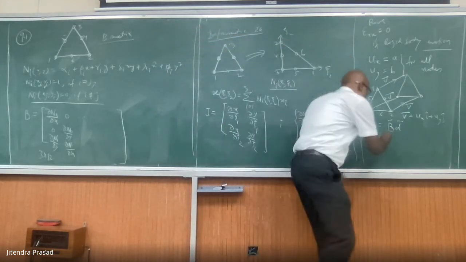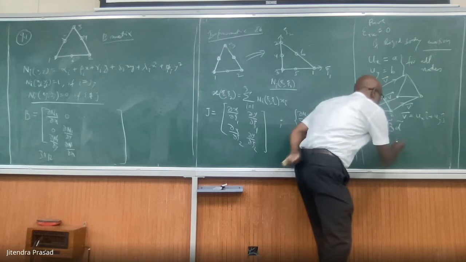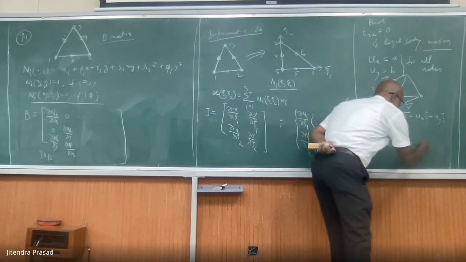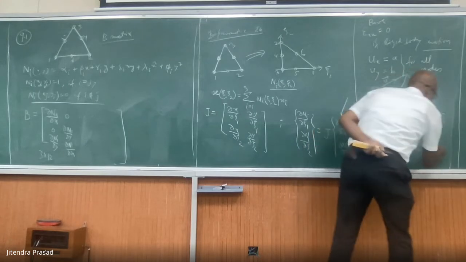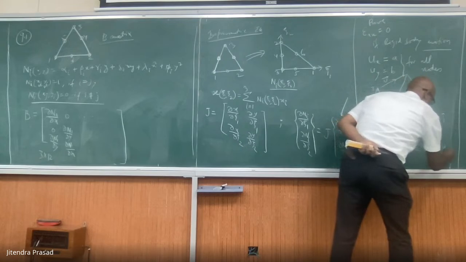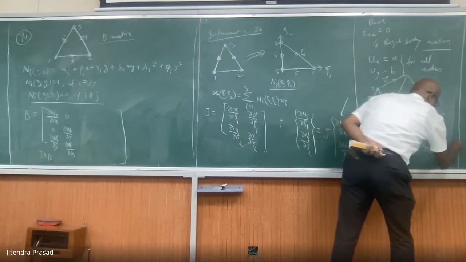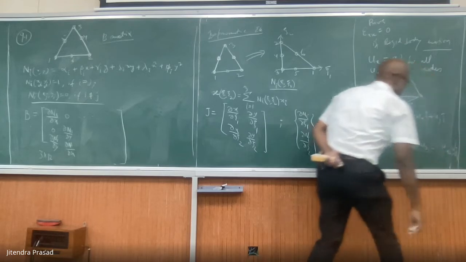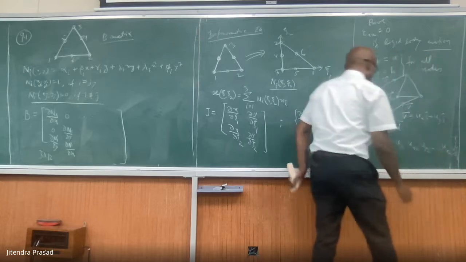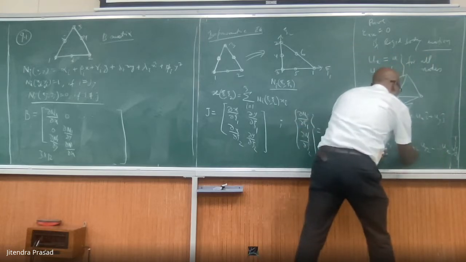So you will have ux1, uy1, ux2, uy2, and so on till ux6, uy6, transpose of it. But this and this is the same.